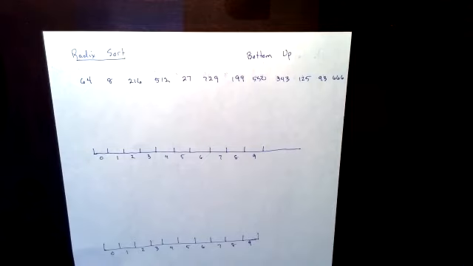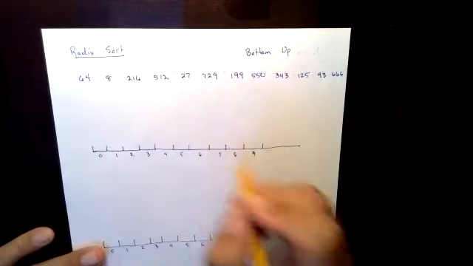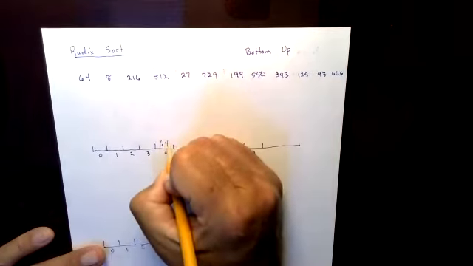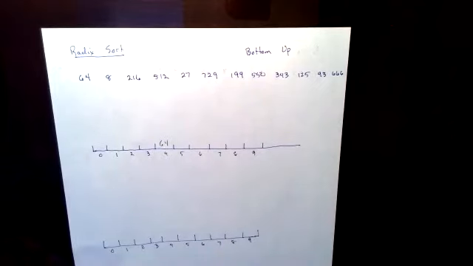The first time I go through, I'm going to take a look at the first digit, the ones digit, and put each number in a container based on that digit. So 64 is going to sit right down in there.